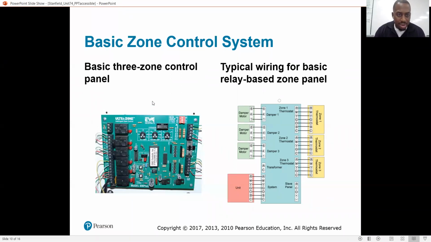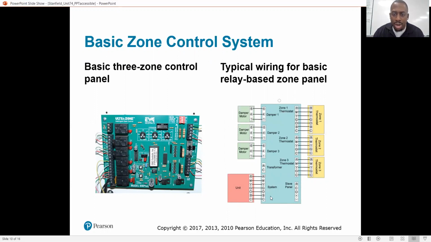So what you have here is all your different thermostats you would hook up here. There's 1, there's 2. We'll go over here where it's a little bit more clearly marked. So your board in your unit will connect here.